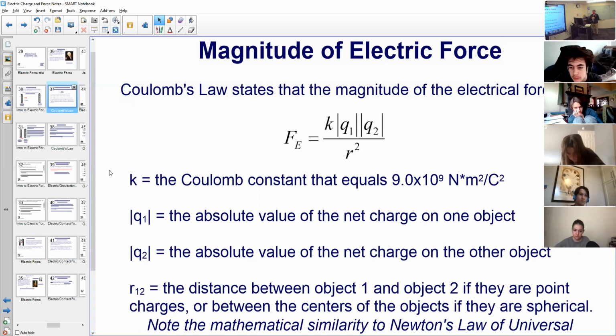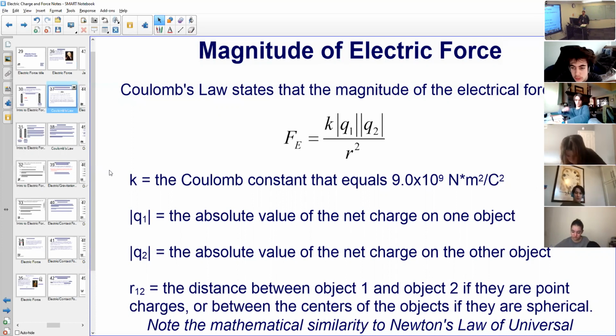And then the r is the same as it was in the gravity equation. It is the distance between their centers, the distance between their charge centers though, instead of their mass centers. Most often we're talking about small objects, usually electrons and protons and things like that.